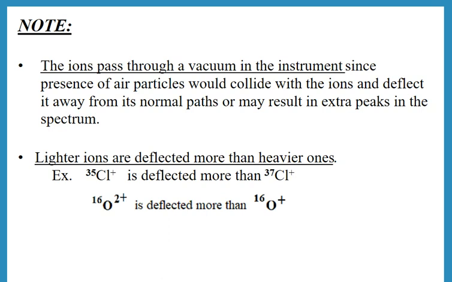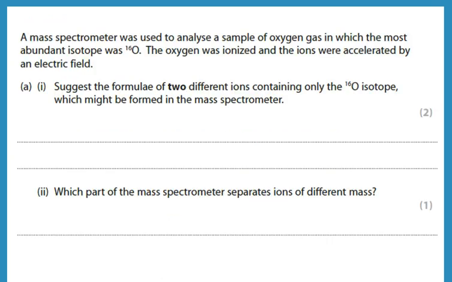It will have a mass of 16 divided by 2, so that will give me a peak at 8. The other one has O16 plus, so which one is heavier in this case? The one with O16 plus is heavier, and that means it will be deflected to a lesser extent than the O16 2 plus. Are we following?